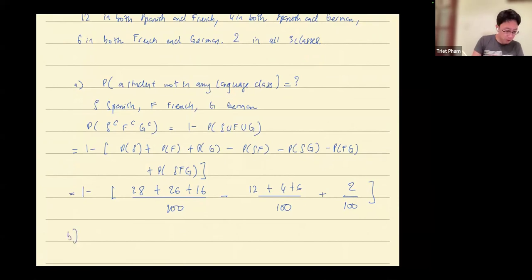So question B was the probability that a student takes exactly one language class.